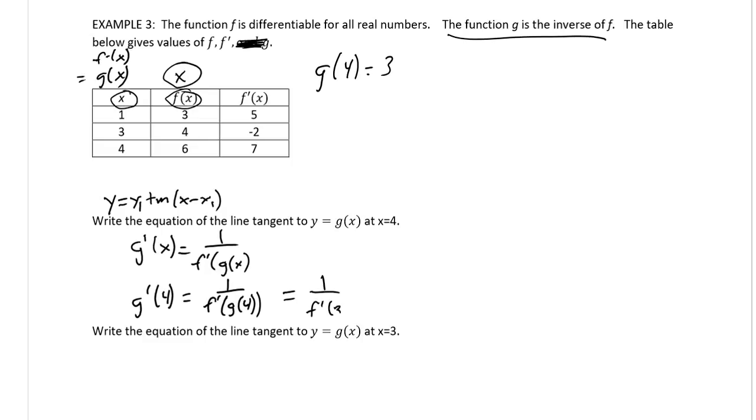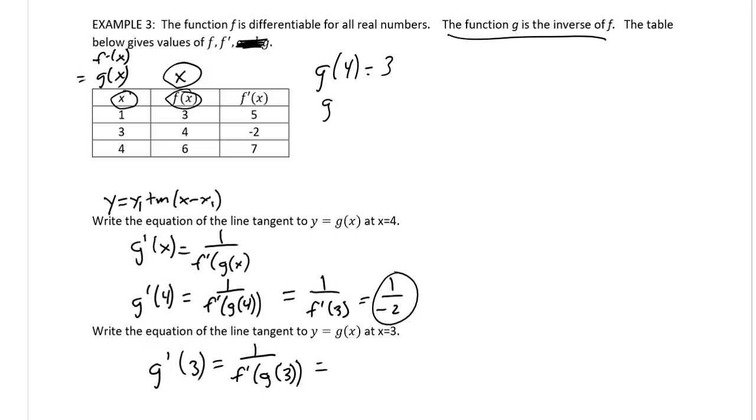Very similar down here. It's g prime of 3, it's the same function, we'll write the equation of the tangent line in a minute, equals 1 over f prime of g of 3. G of 3 is 1, so 1 over f prime of 1, which is 1 over 5. And so if we write the equation of the tangent line, we know that the point 4, 3 is on this one, and the slope is negative 1/2.